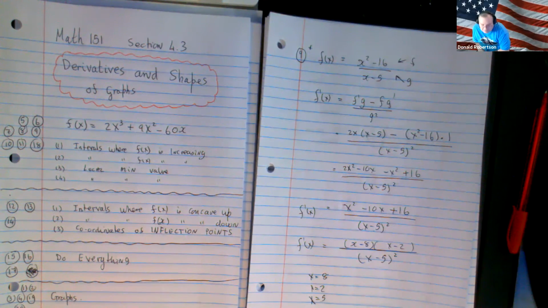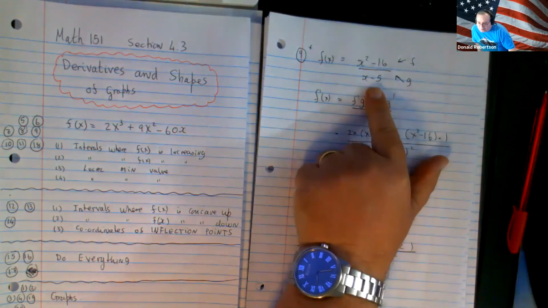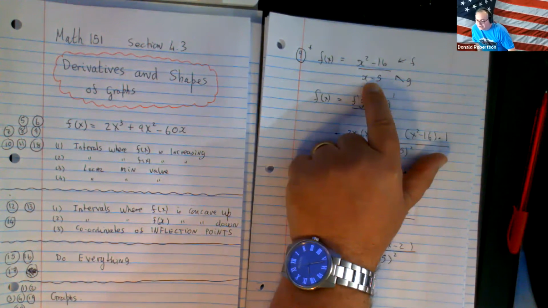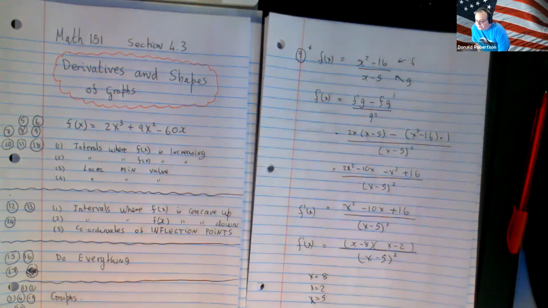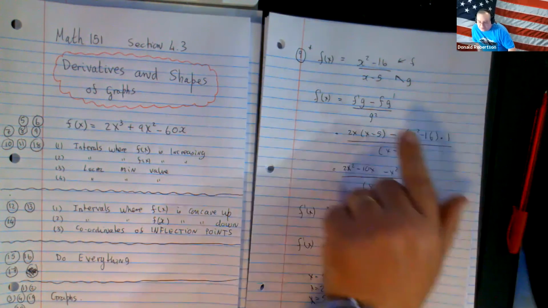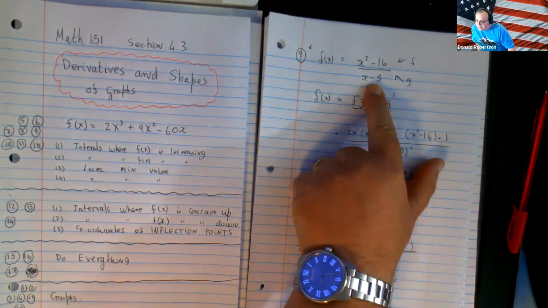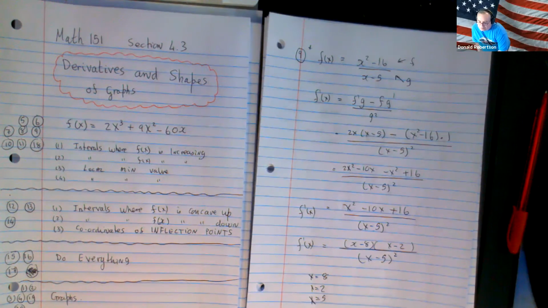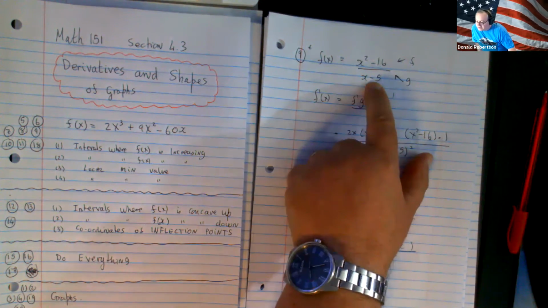There is one hiccup on this one, though it hasn't happened yet. At x equals 5, isn't there a vertical asymptote? You can tell that from the denominator. So when you are looking for local min and local max, don't go looking there.